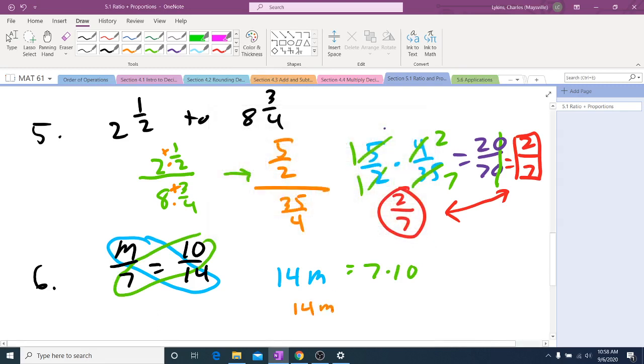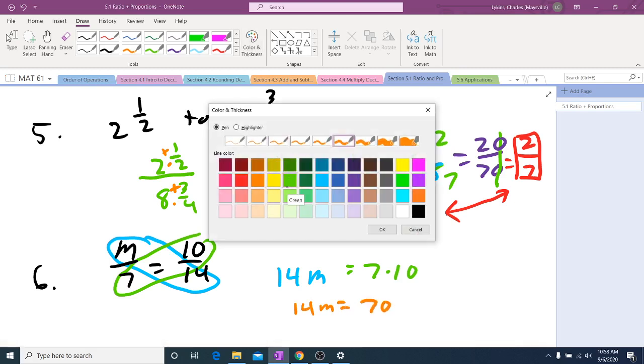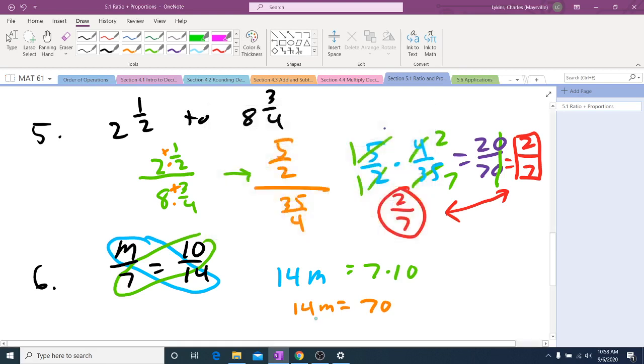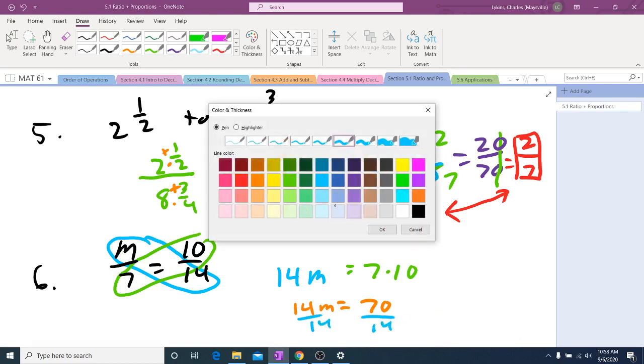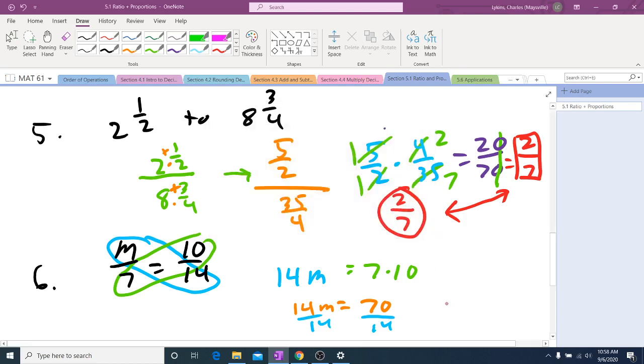So 14m equals 70. So you do the opposite of multiplying by 14, so I'm going to divide by 14. So in this case, m equals 5.